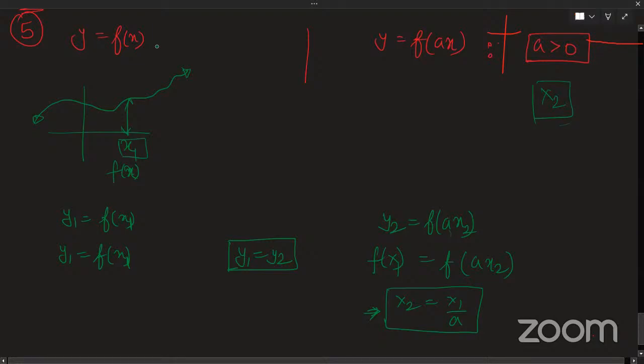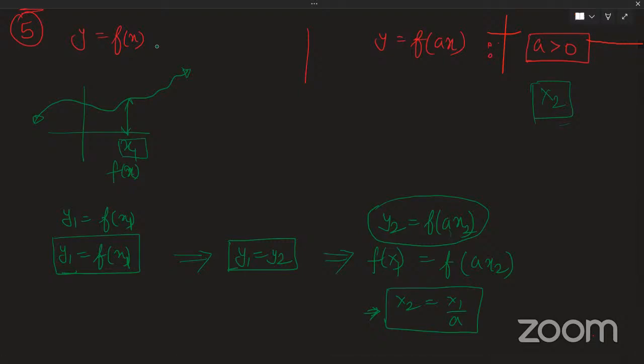So I am taking y1, that is f of x1, and it is asking me what value of x should you put in the second function in order to get the same value of y? So I got y2 as f of a times x2. I equated y1 and y2. With that, I got f of x1 is equal to f of ax2. For f, the input has to be the same, right? So that means x2 is equal to x1 by a.